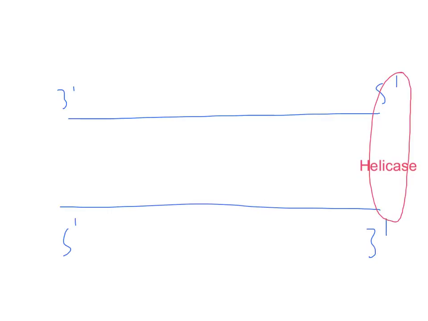Now DNA polymerase can only travel along a strand going from 3' to 5'. Well, not that it can't travel in the opposite direction, but it can only add free nucleotides to the strand that's going from 3' to 5'.